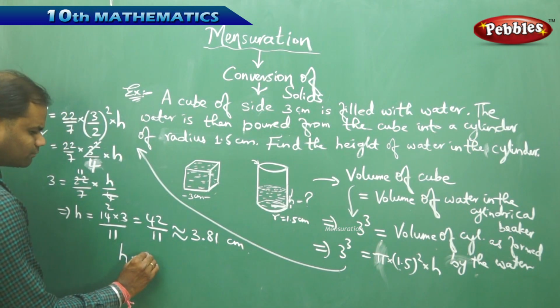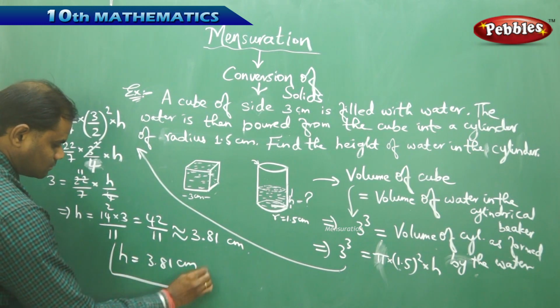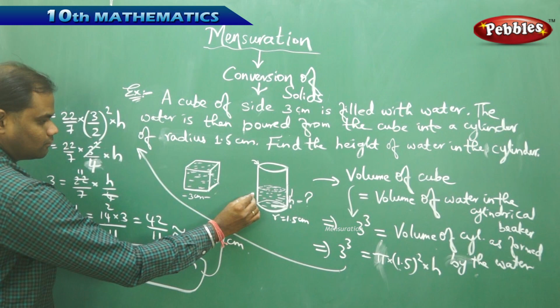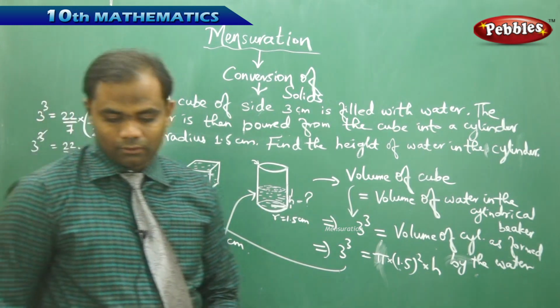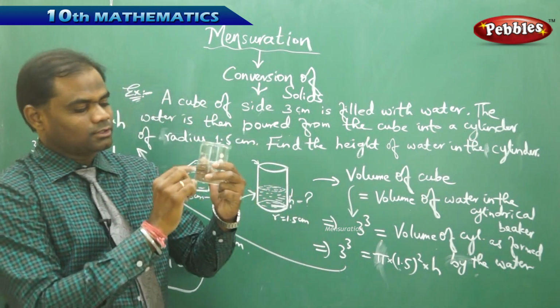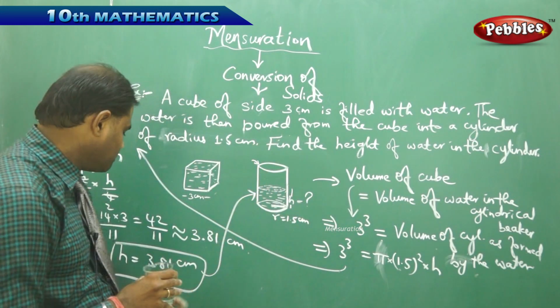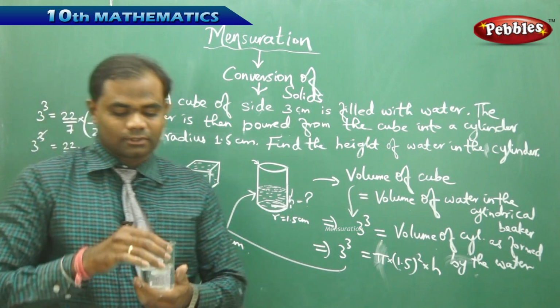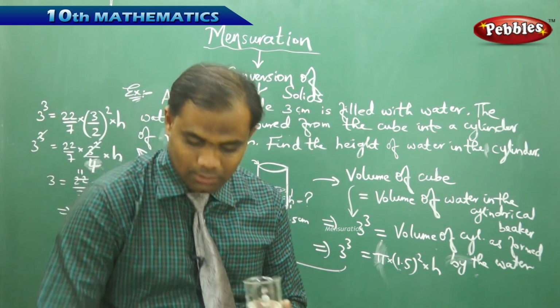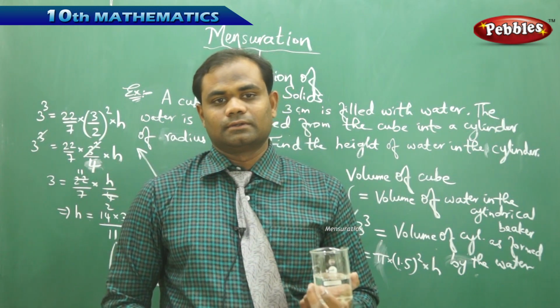So the height of the water as occupied is 3.81 centimeters in the beaker. Therefore, if I take the real life activity, then I assume that approximately the height of the water in the beaker is 3.8 centimeters when I pour the water from the cube into the cylinder.